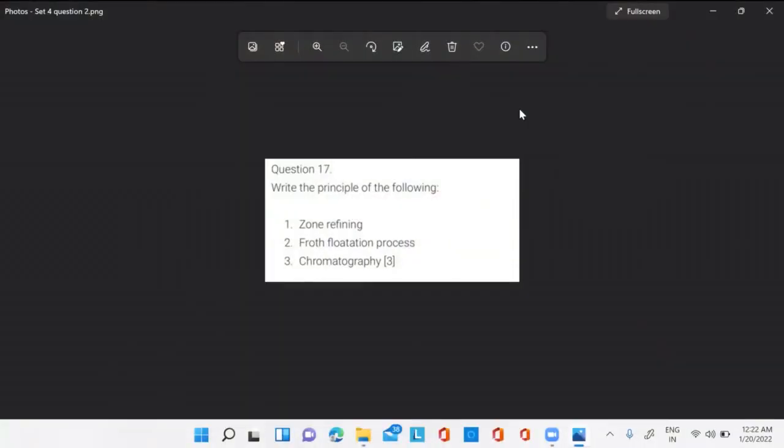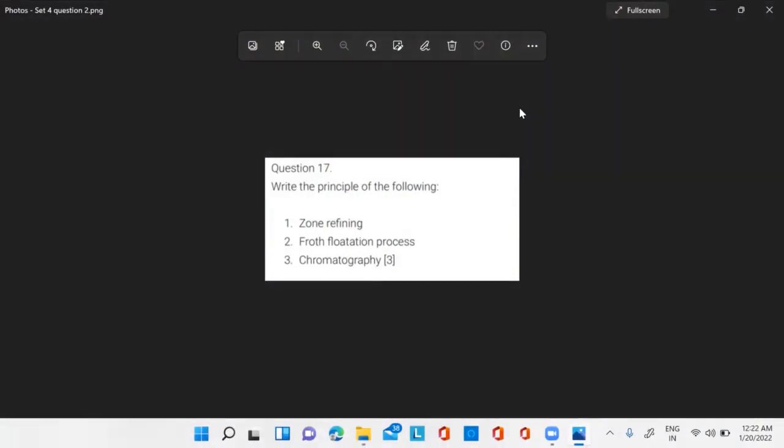One of the questions from the CBSE chemistry paper, grade 12, 2017 paper. Write the principle of the following. I would like to discuss the principle of chromatography over here. Okay, so chromatography is a modern method of purification of metals.